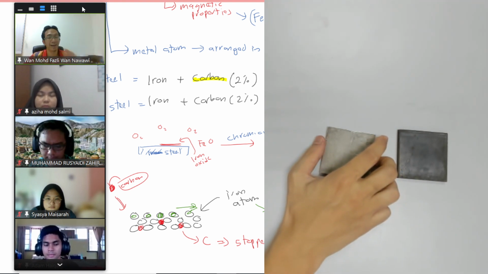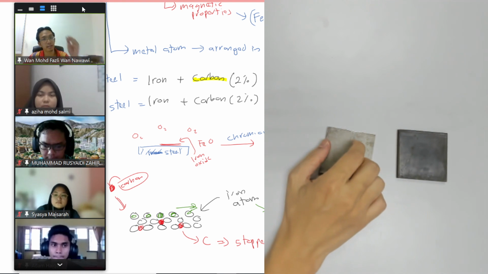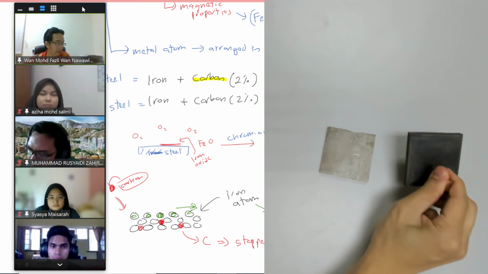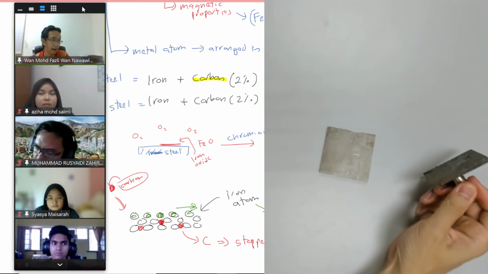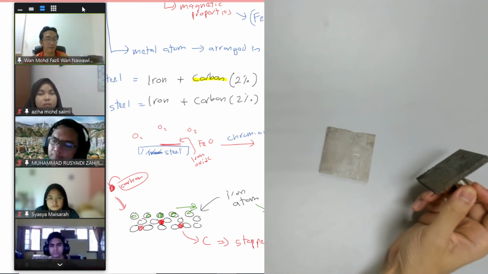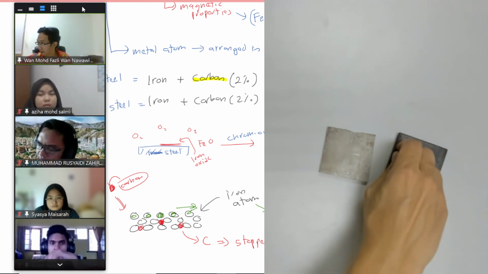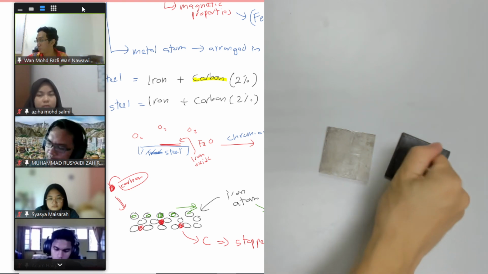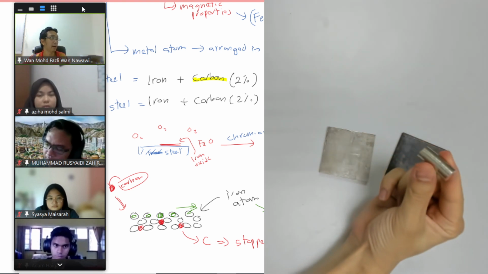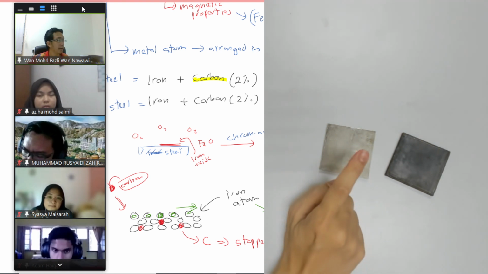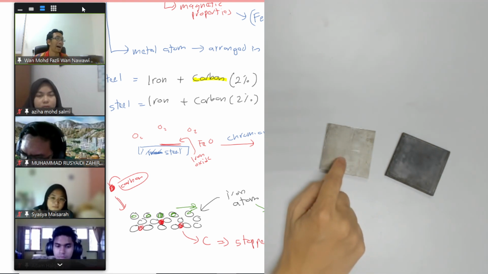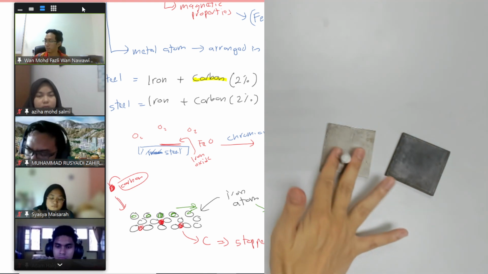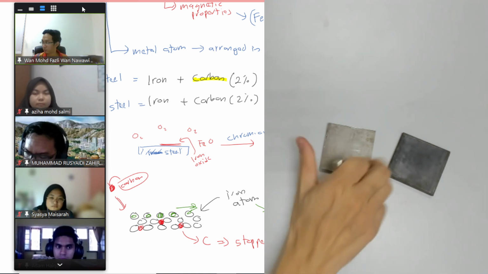As I said before, we talked about magnetic properties, right? If I have this magnet, you know that when I put it on the steel, because steel has iron inside, and iron has magnetic properties, it will react with this magnet. Inside the stainless steel there is also iron, but it's not really strong.